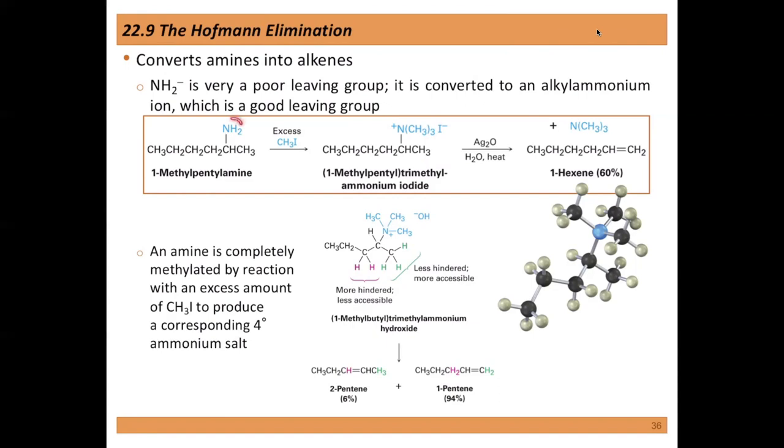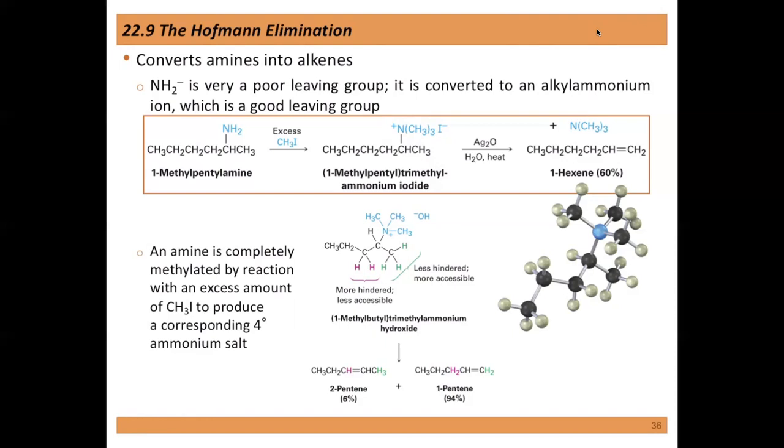So what they do is they take an amine and they exhaustively methylate it, meaning they add as many methyl groups as they can, and they convert it into an ammonium ion. And once you convert it into the ammonium ion, you actually have a positive nitrogen, which is an okay leaving group.